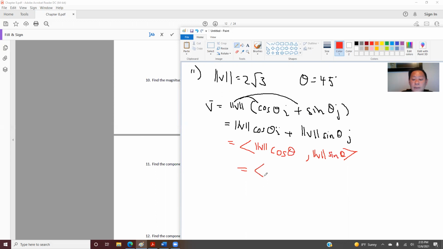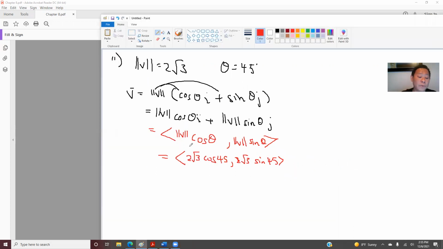What we do is take 2√3 times cosine 45 degrees, and 2√3 times sine 45 degrees. This is how we change from a magnitude and a direction to component form.